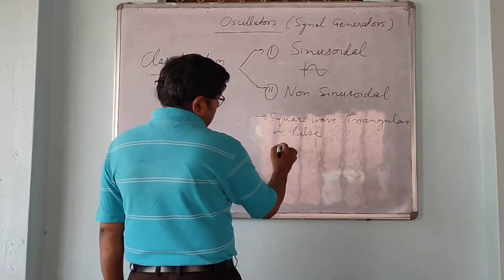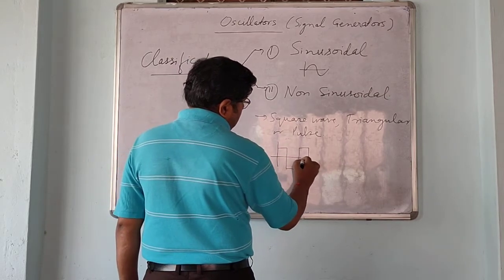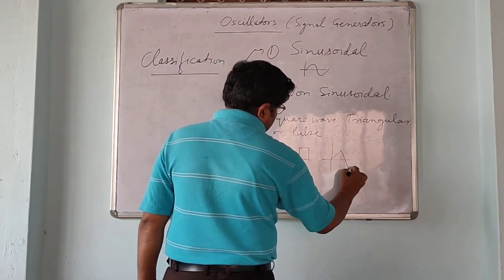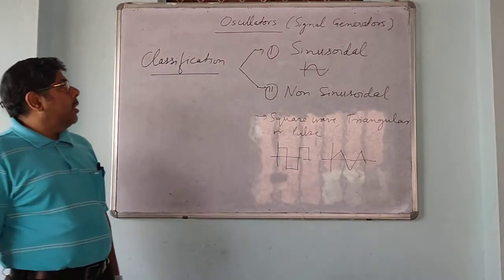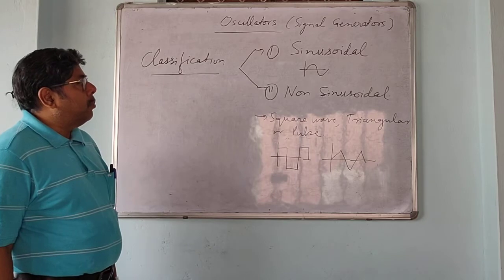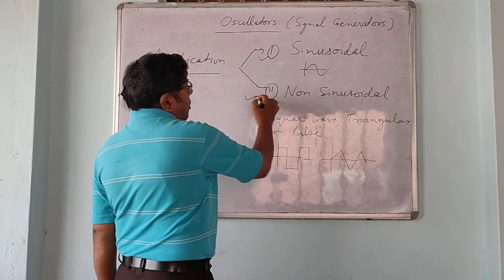So, we can use like this, or triangular shape. So, basically, there are two types of oscillators, sinusoidal and non-sinusoidal.